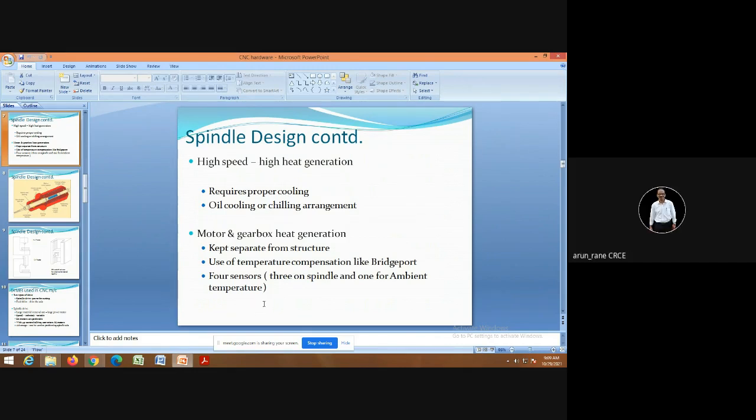The main parameter about spindle design was how to overcome the heat generation, because the heat will cause distortion, and you are aware of the coefficient of expansion.